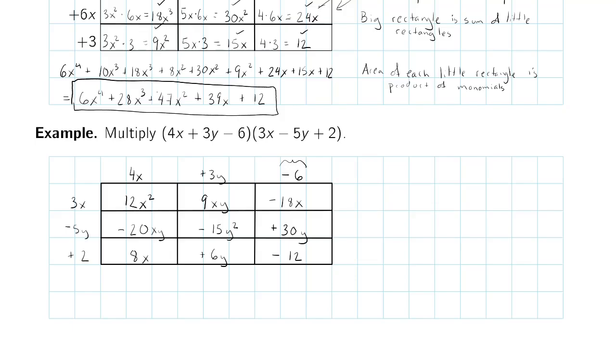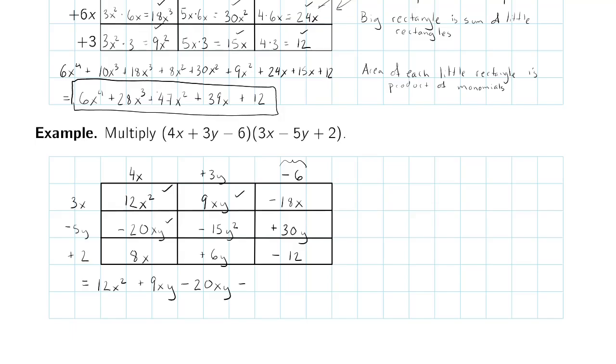Okay, so let's see where my like terms are. I've got only one x squared term, so I'll have 12x squared. I have a 9xy, minus 20xy. I have a negative 15y squared.